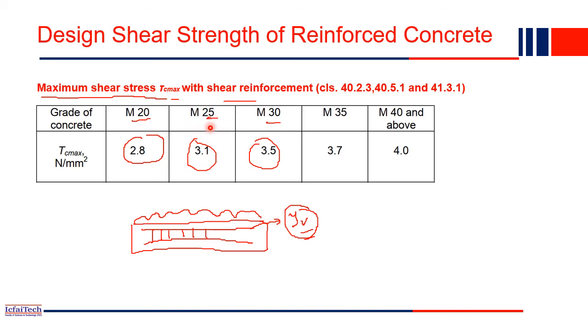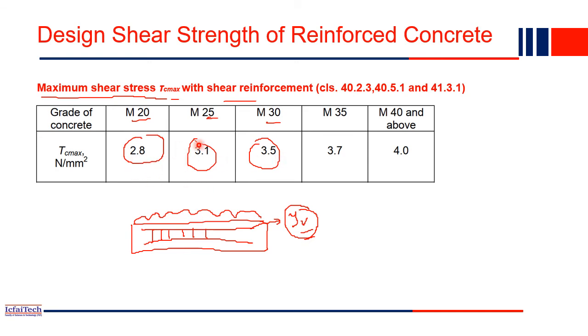Similarly, for M25 grade of concrete, tau c max should not be more than 3.1 Newton per mm square. Although you provide shear reinforcement, the total shear stress of this section should not be more than this much.